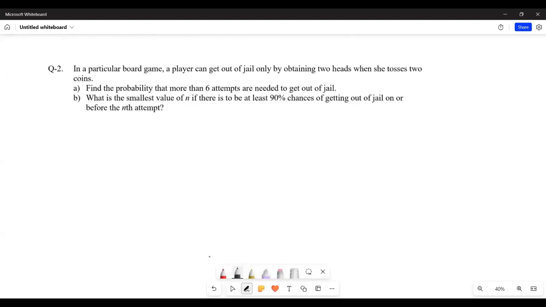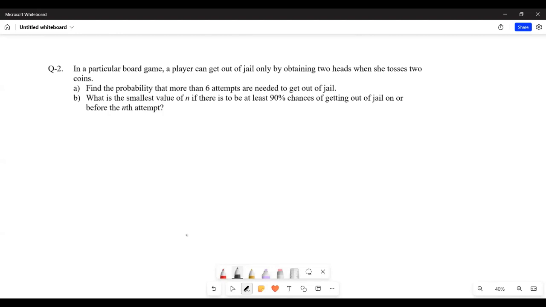Question 2. In a particular board game, a player can get out of jail only by obtaining 2 heads when she tosses 2 coins. Find the probability that more than 6 attempts are needed to get out of jail. So you keep throwing 2 coins till you get 2 heads.